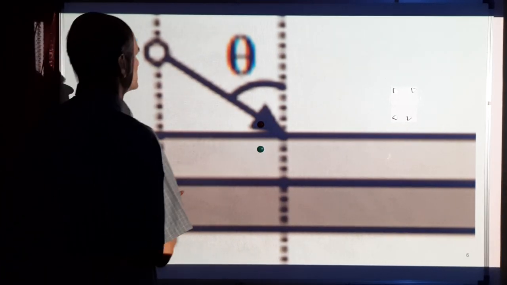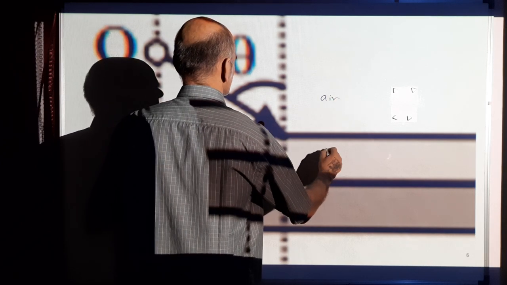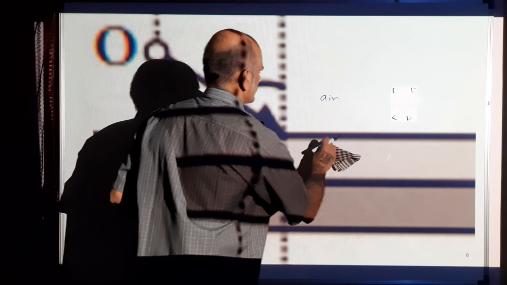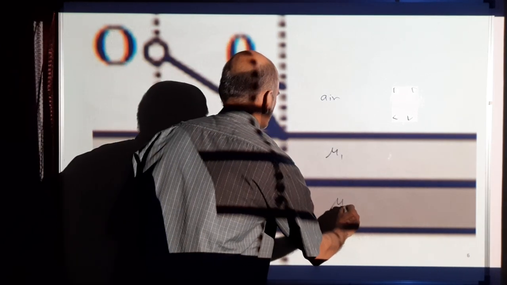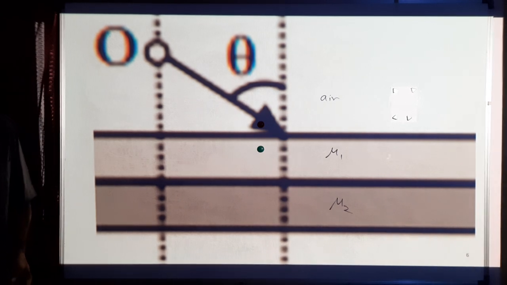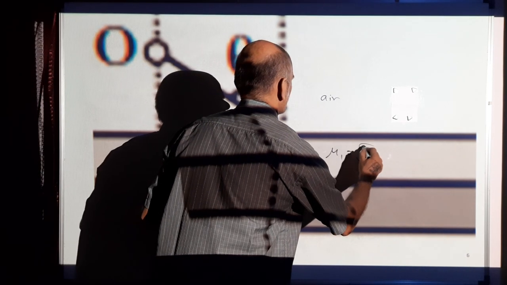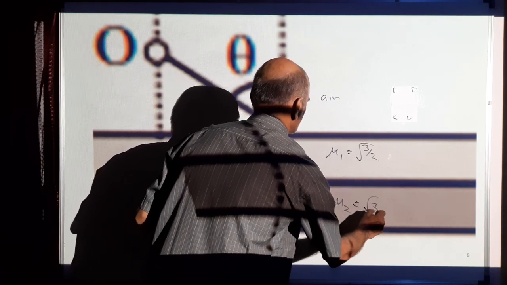So it has got 3 layers. The first layer is air. The second layer has got refractive index mu1, and the third one has got refractive index mu2. This is root 3 by 2, and this is root 3.